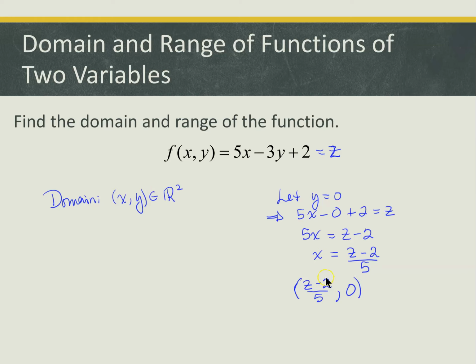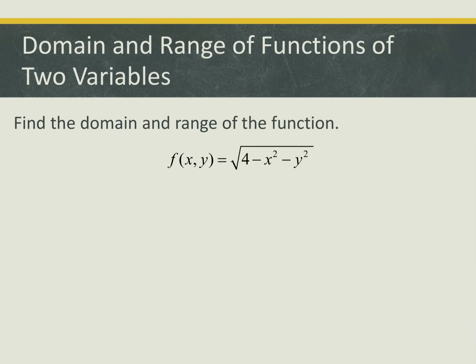And notice that there's no restrictions here for z. Z can be any real number, and we would have an ordered pair that would lie within the domain of our function. Since z can be any real number, that is the range of our function.